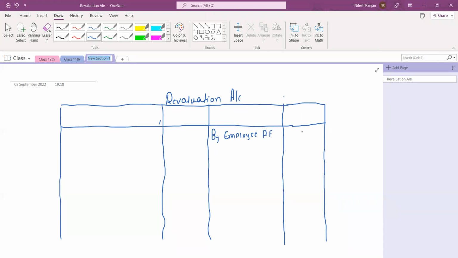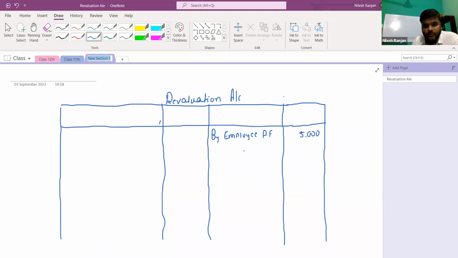Sir, what is PF? Provident fund. And what is provident fund? I don't know. Okay, so provident fund is a fund created by employees for their future benefits, like retirement benefits. When they retire, they will get money. So it's like some pension. Yes, but it is a lump sum amount.